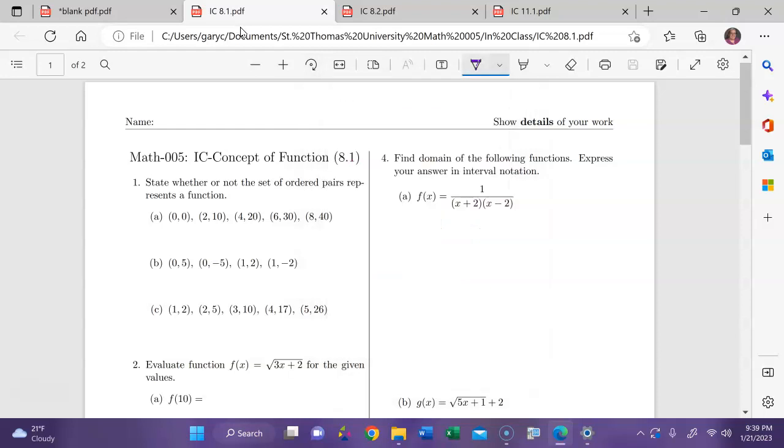All right, so in this case we have a 0, a 2, a 4, a 6, and an 8. In none of these cases do we have more than one solution, right? There's no 0, 0 and a 0, 1. It's just 0, 0. So because each one of these has a unique output for each input, this is a function.